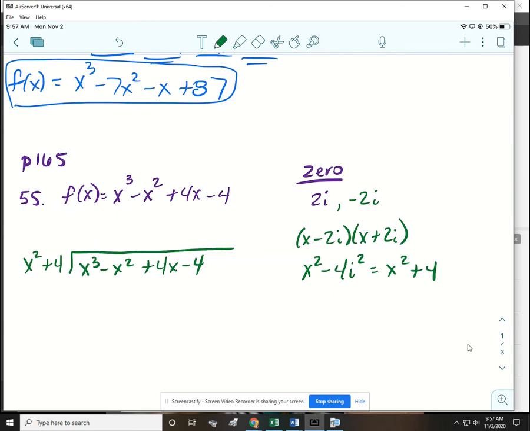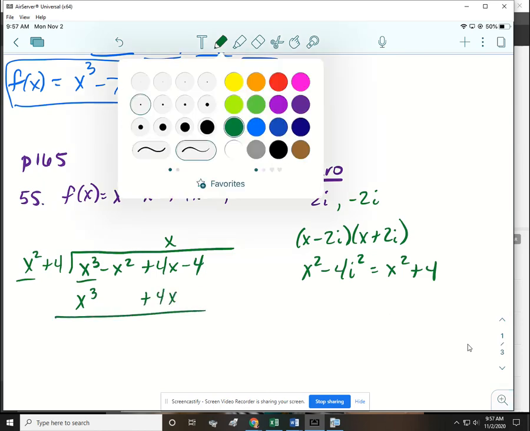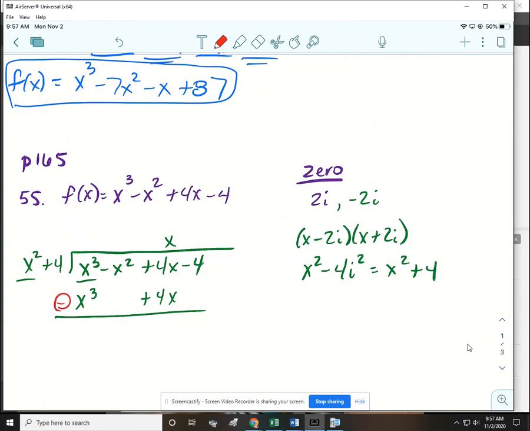Right, so I would ask myself, what do I multiply x squared by to get x cubed? And that's just going to be x. And then I would distribute that x, being really careful that I line up my like terms. All right, and then when I subtract, this is going to just come down. That is 0, and that also comes down.